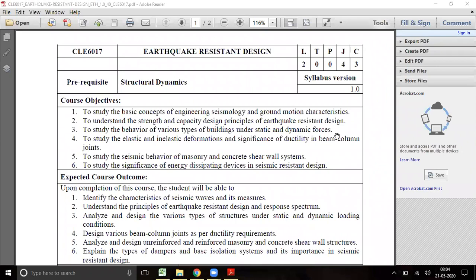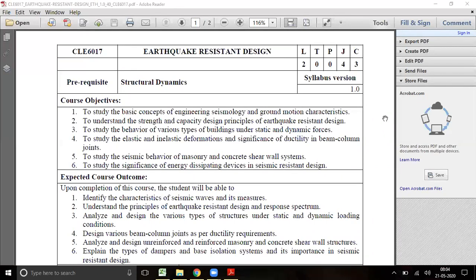Then the second objective is to understand the strength and capacity design principles of earthquake resistant design. The principle, in short, is how our structure should behave during an earthquake.